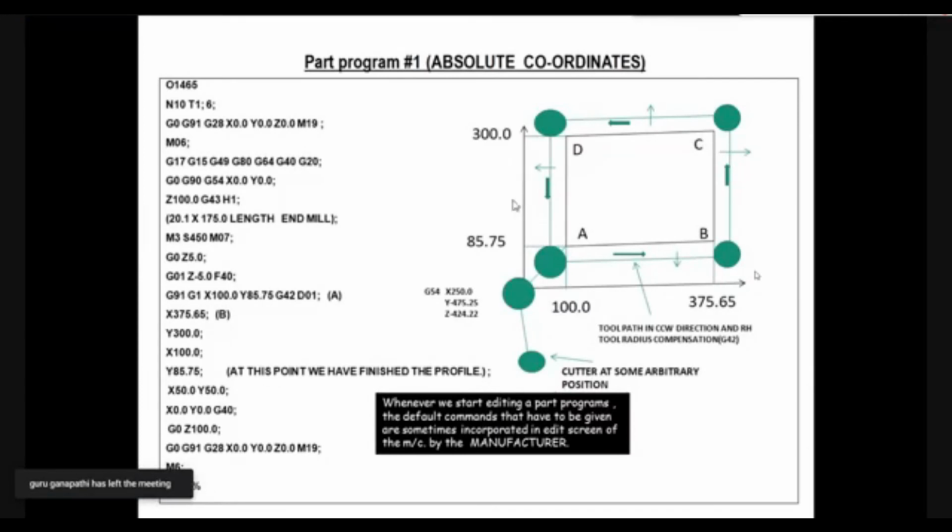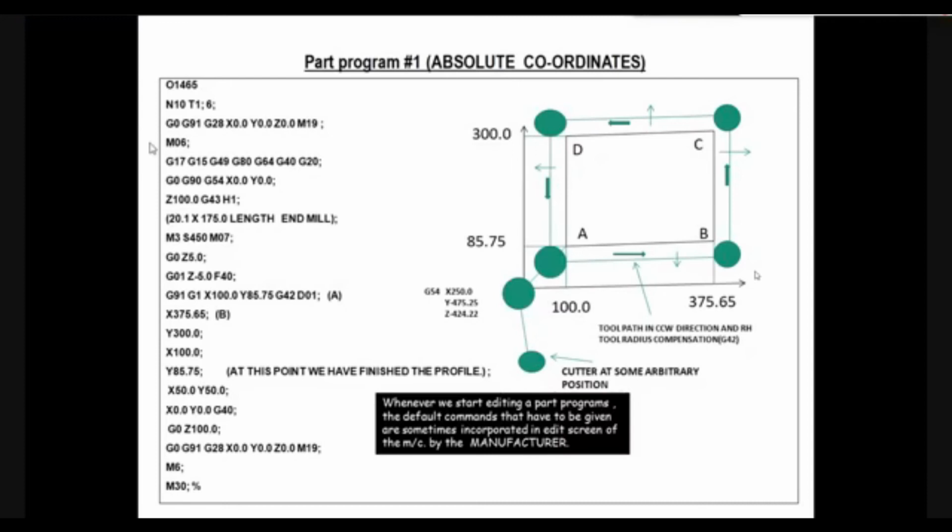From here, the tip of the tool is in a far off position from the front face of the workpiece. So what I have given, actually in the previous line, I have started this line with the G0, no? So in the next line, Z100, G43, H1, here I have not repeated G0 because G0 will be remaining in the memory unless G01 or G02 appears in the consecutive lines.